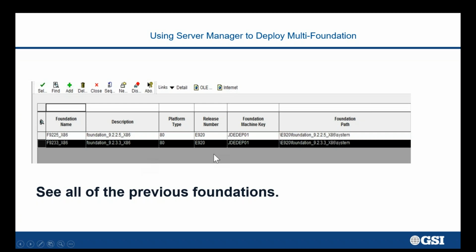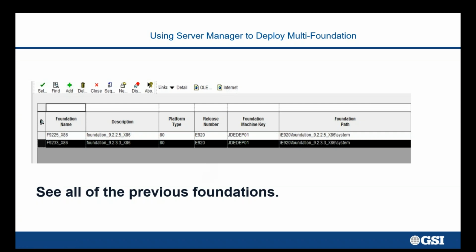You used to have to manually create these, and I just wanted to show you that you can see all previous foundations in there, because your production environment is still going to be on that. So any future production builds will need to take into consideration which foundation is out there.